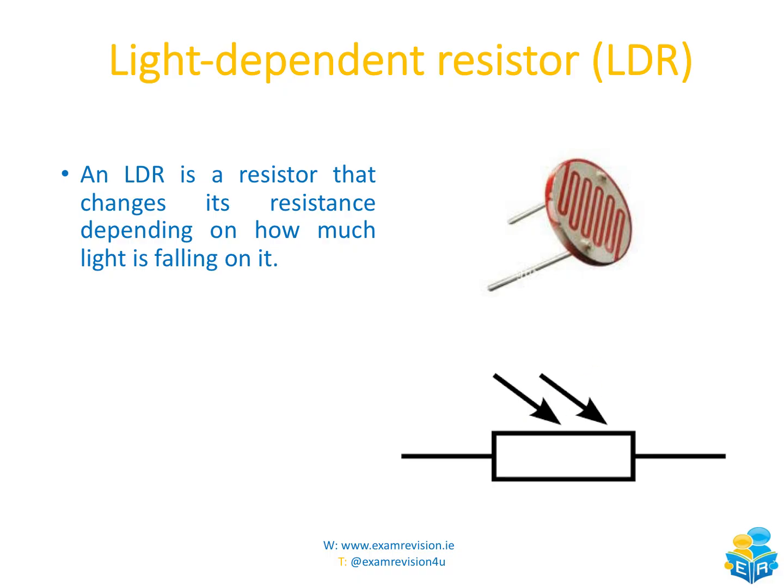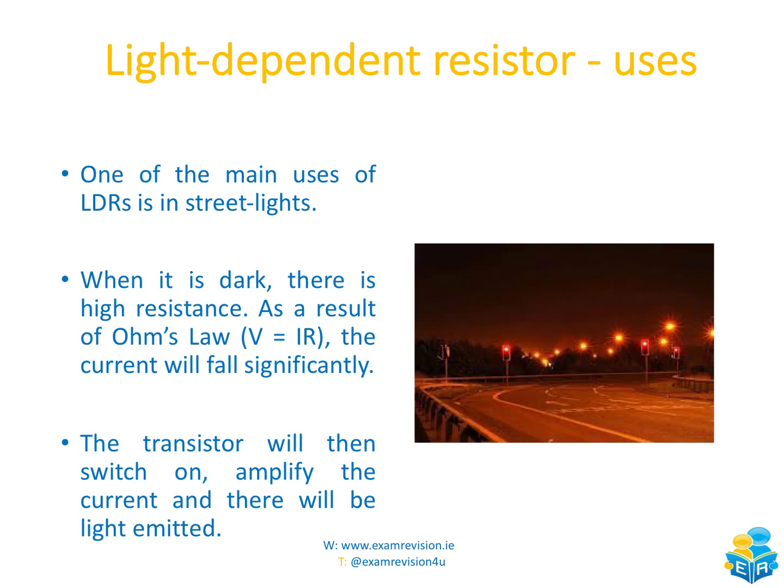Now, one of the main uses of LDRs is in streetlights. As it starts to get dark in the evening or night time, the streetlights automatically turn on. There is nobody required to physically turn them on. And that's where the LDRs come in use. When it's dark, there is high resistance present. So for Ohm's law still to hold true, as the resistance gets higher, the current has to get lower.